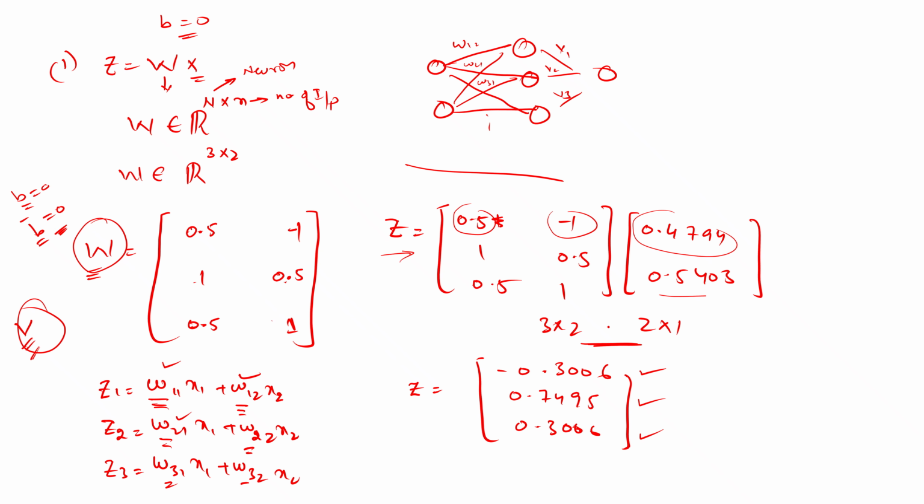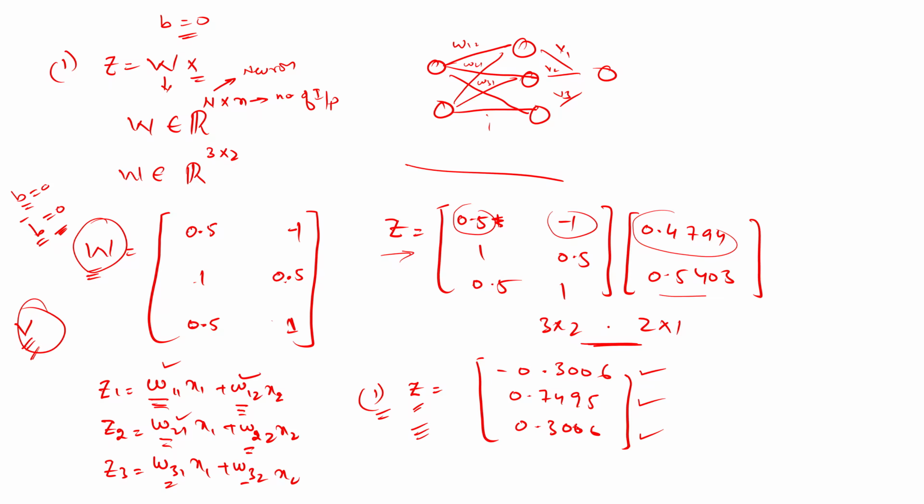But please verify these values. I may have made some mistake over here, so I'm not sure about this. I did make these notes already, but I may have made a mistake. So please verify these values using calculators, or if you are using MATLAB. Okay, so the first step is to do the linear combination, which we have already done here.